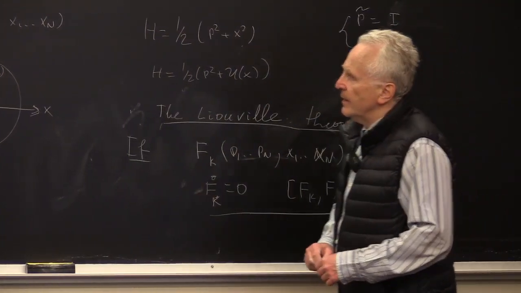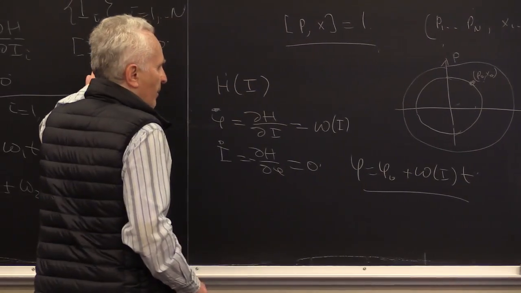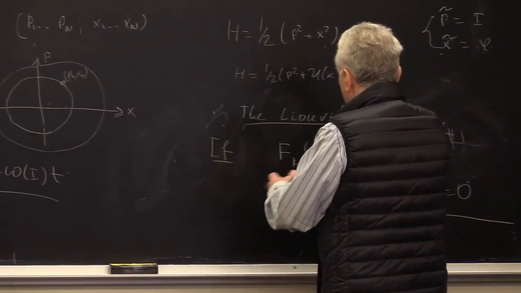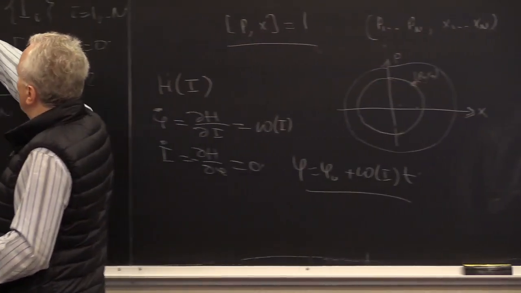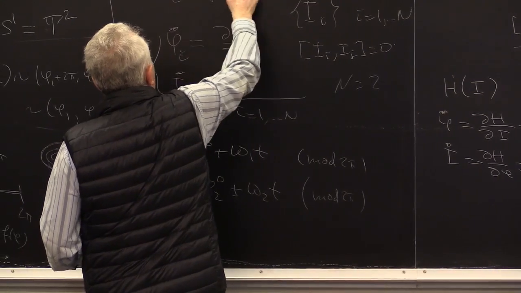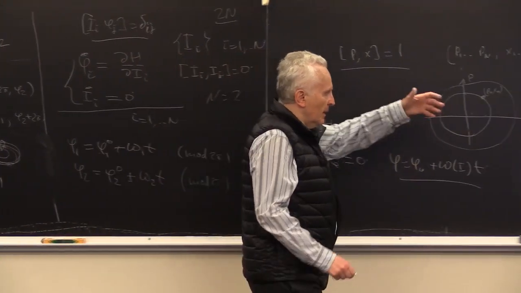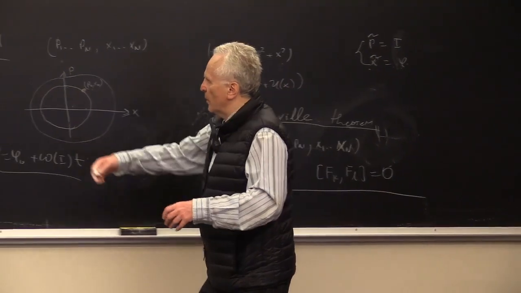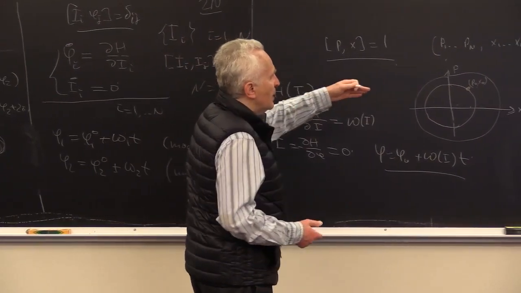Under this condition, it is always possible to find action-angle variables. You see, they commute, but you have to find some combination of f so that the Poisson bracket of I_i and phi_j will be delta_ij. That's non-trivial.